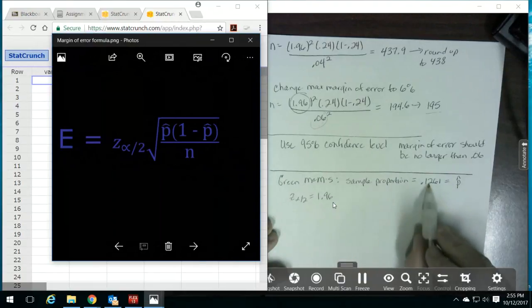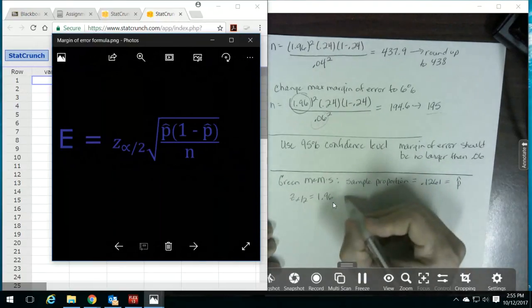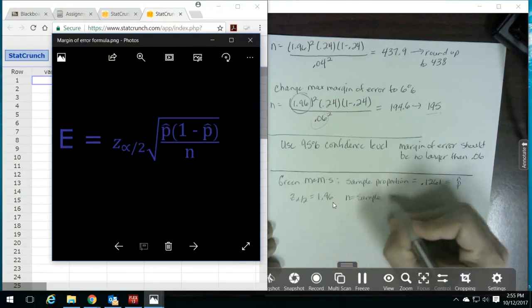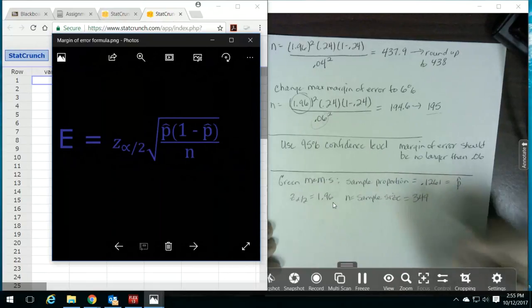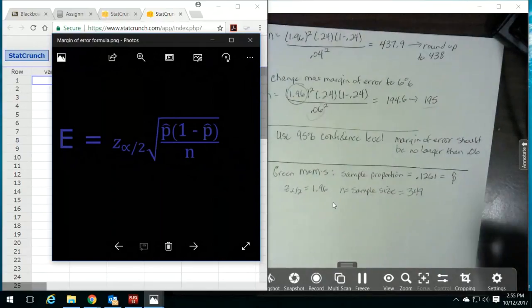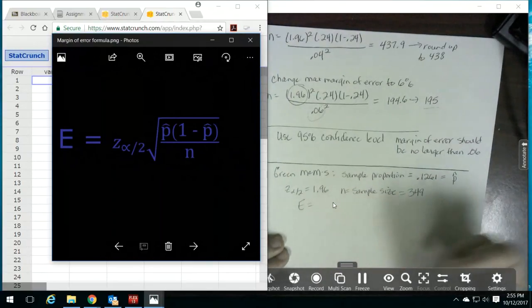My p hat is coming from my sample, so I've got that, and then my sample size is the n. In my case, that was 349. So all I'm going to do is plug these things into this formula and get my calculated margin of error.